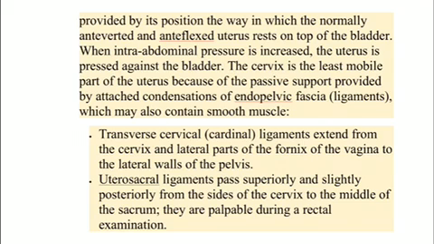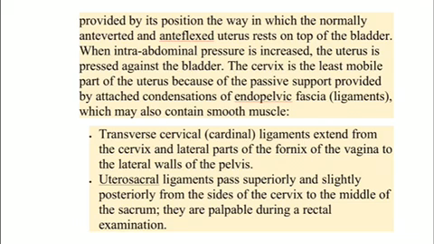The cervix is the least mobile part of the uterus because of the passive support provided by attached condensations of the endopelvic fascia, that's the ligaments, which may also contain smooth muscle. You have some passive support coming from these ligaments, which are condensations of the endopelvic fascia.